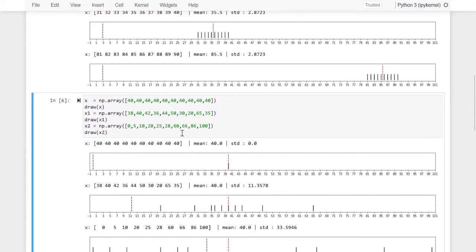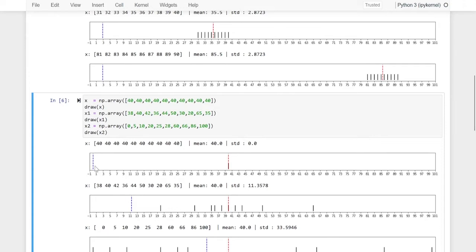See here what is happening. X is 40, 40, 40. There are 10 40s. Okay. Look at this graph of this x. All are 40s. Average or mean will be 40. Since there is no gap between any of these numbers, every single number is 40, standard deviation is 0.